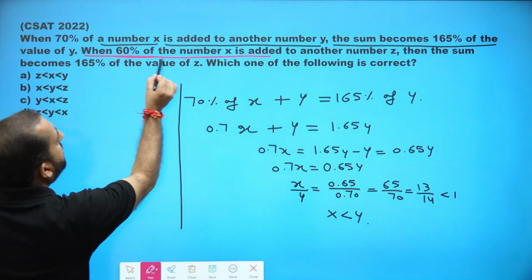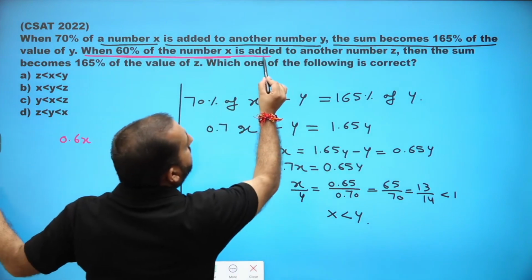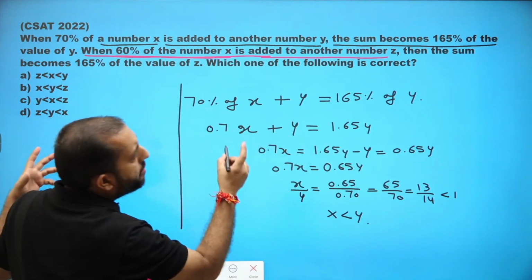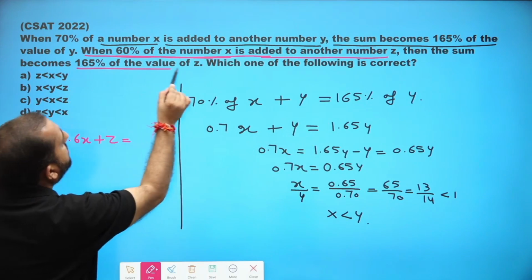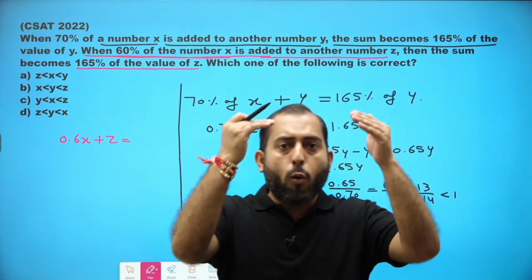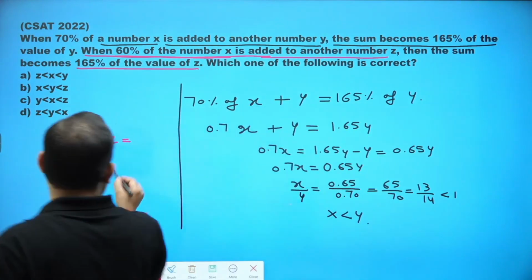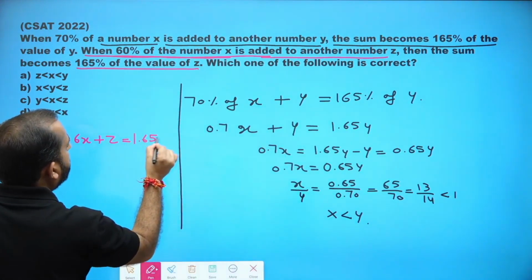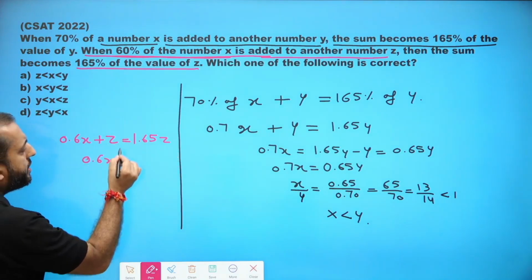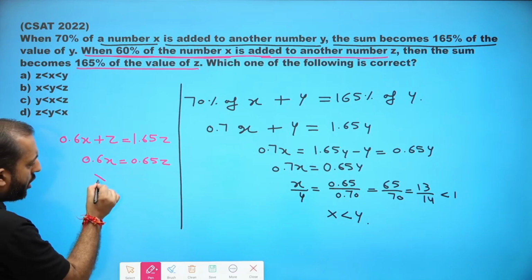So 60% of number x, meaning 0.6x, is added to another number z, plus z, it becomes 165% of z, meaning 165 upon 100 into z. 165 upon 100 is 1.65z.